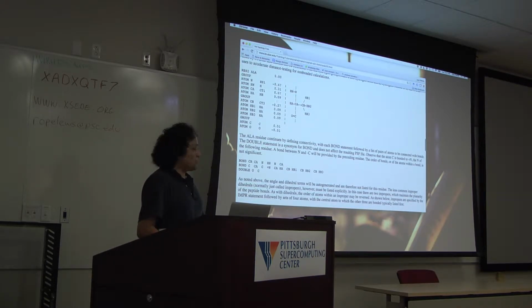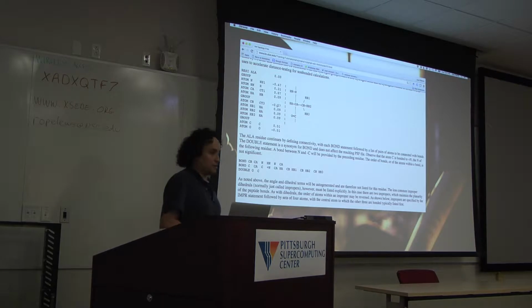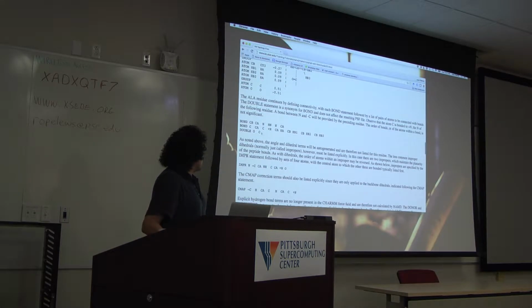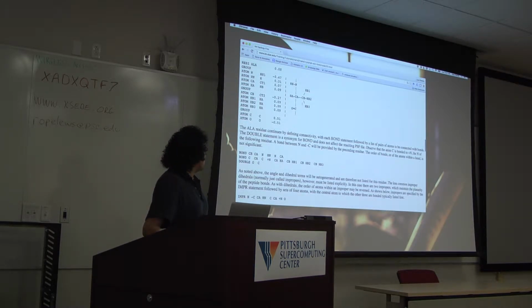But these partial charges, as they were commenting, are what goes into the Coulomb term in the potential energy function. This is what defines the connectivity between different parts. For instance, for an alanine, we are defining a bond between CB and CA.